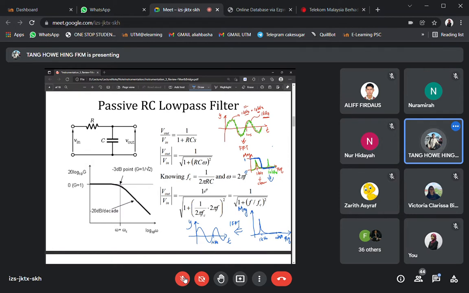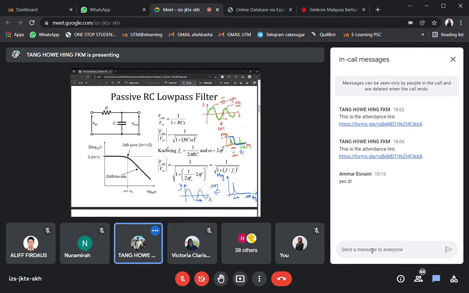Okay, clear? Are you clear about these filter processes? Okay, I tried to explain to you the very basic principles about this, how filters can be used to filter out the noise. All right, clear so far?